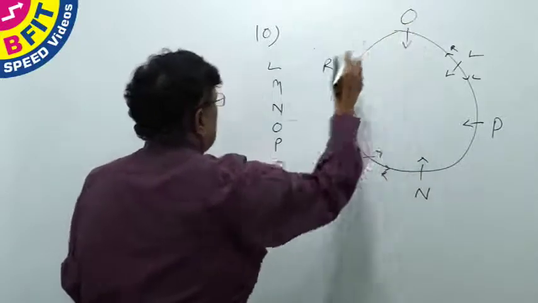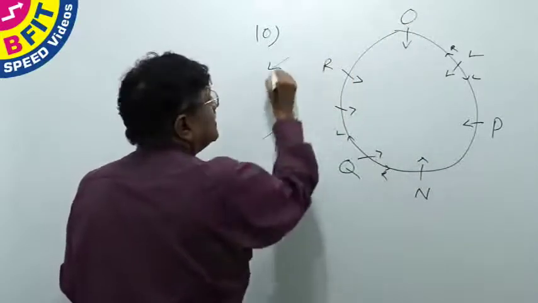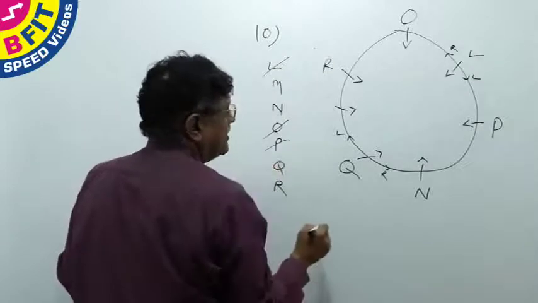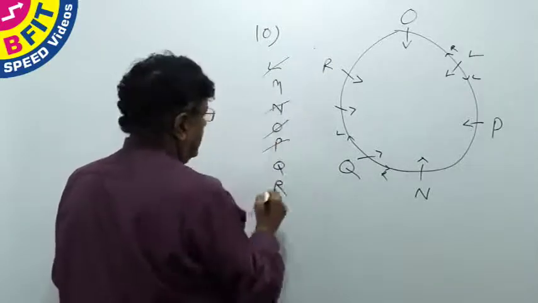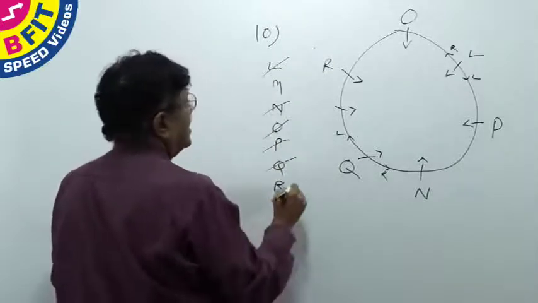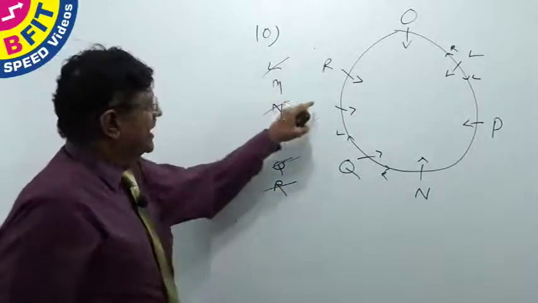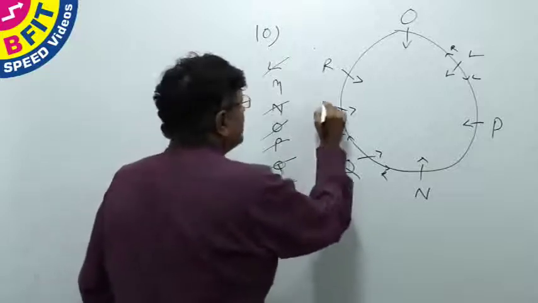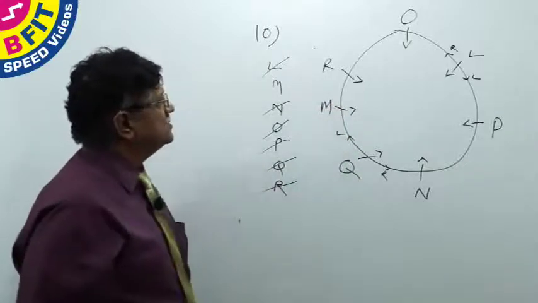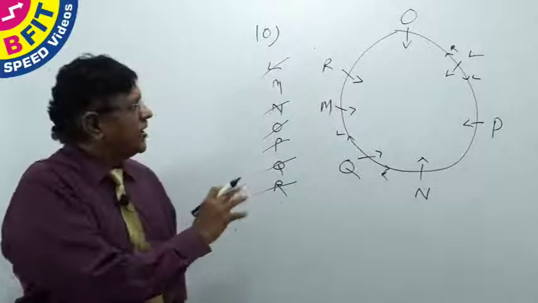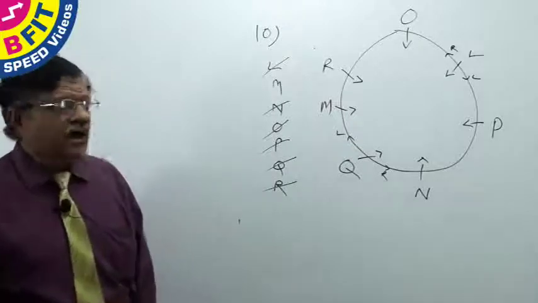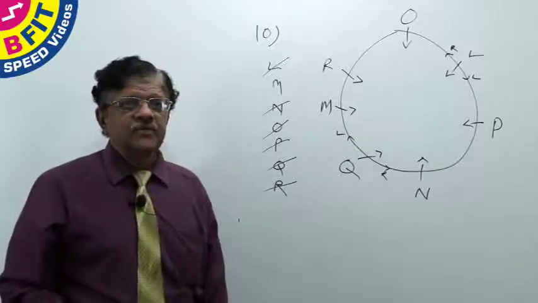O, L, P, N, Q, R. So we are left with only M and 1 position. Therefore M occupies this post. So we have now successfully plotted the position of people according to the clues given.